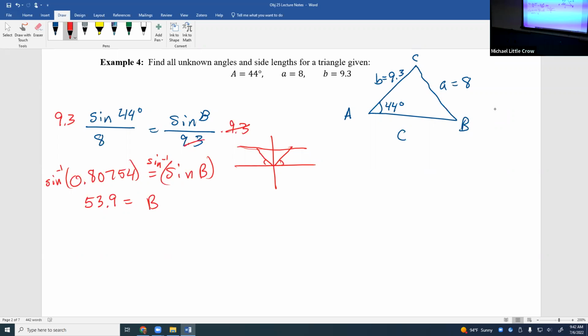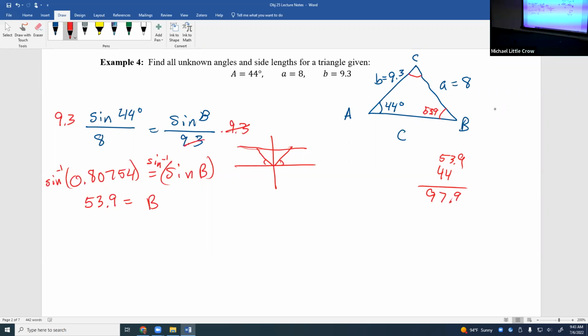So if this side is 53.9, this is one solution we got. Let's go ahead and get what C would be. So we take 44 plus 53.9. 4 and 3 is 7, that's 97.9.